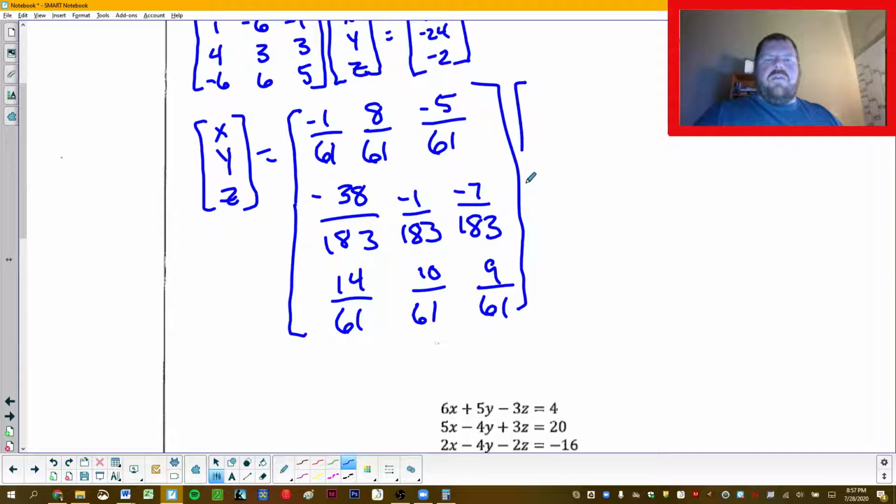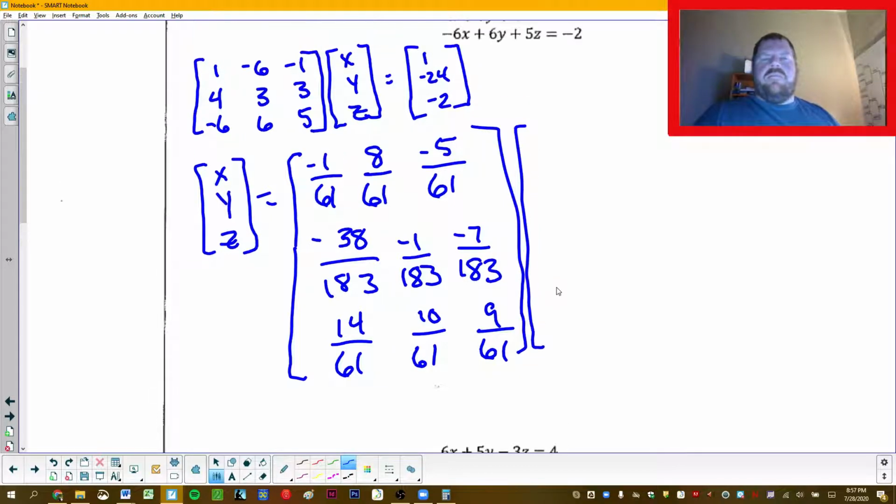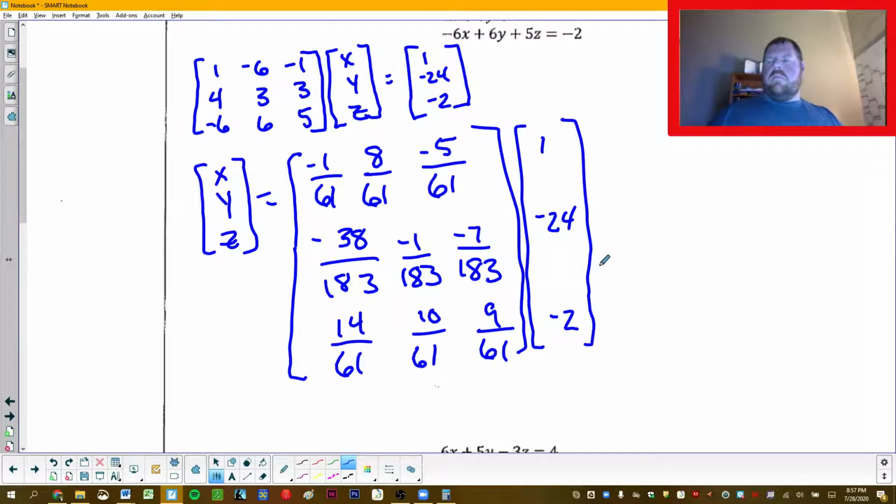And then we're going to multiply that by our 1, negative 24, negative 2. All right, this will get fun. Not too bad for most of it. Negative 1 times 1, negative 1 over 61, plus 8 times negative 24 over 61.